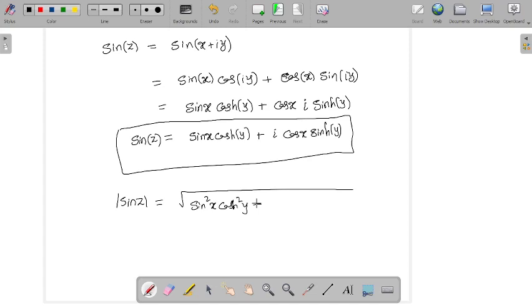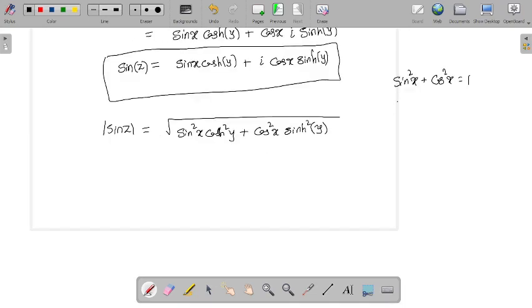Alright, and we know some identities related to sin x, cos x, and sinh x and cosh x. What are the identities? We know that sine square x plus cos square x equals 1. This is one identity we know, and the other identity in terms of hyperbolic functions is cosh square x minus sinh square x, which is equal to 1.